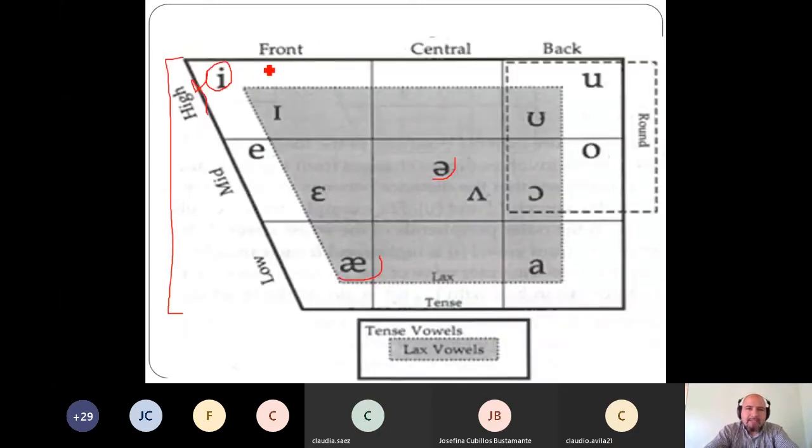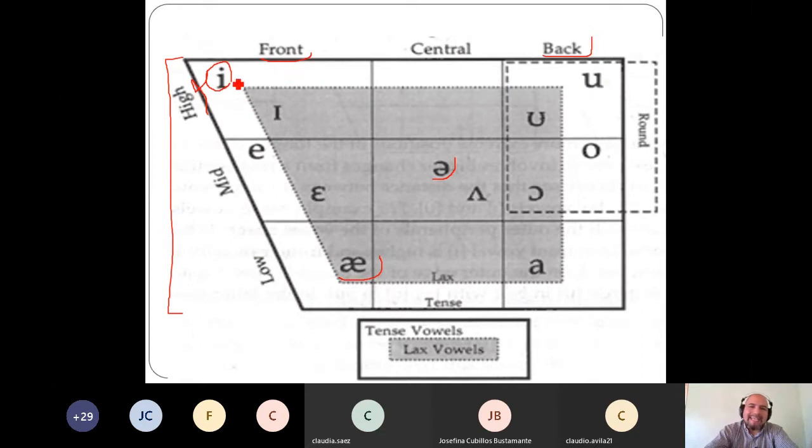When we say that a sound is front, we say that the tongue is closer to the teeth. When we say that a sound is a back vowel sound, we're saying that the tongue is almost pressing the uvula, right? It's going back. When you say oo, oo, your tongue is at the back of the mouth. When you say e, your tongue is at the front of your mouth.